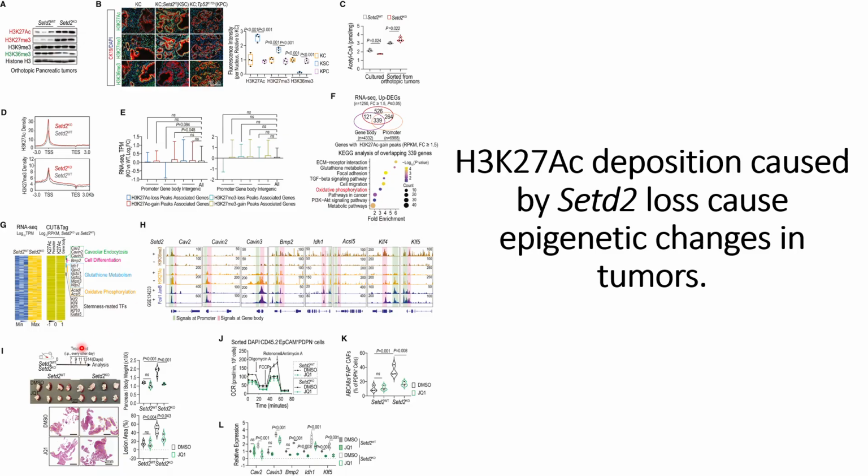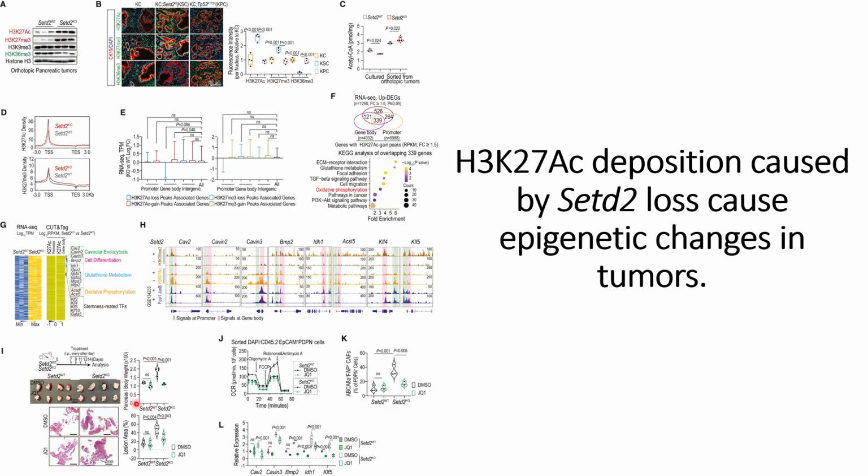After finding these observations, they also did the in vivo study on the Setd2 wild type cells and Setd2 knockdown cells, and treatment is done every other day from the 7th day itself. What they found is that in the control case, they do not see a change in the tumor weight, whereas when they use JQ1, they see a decrease in the pancreas or body weight.